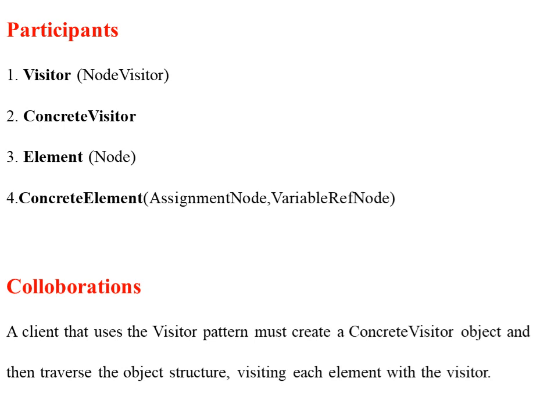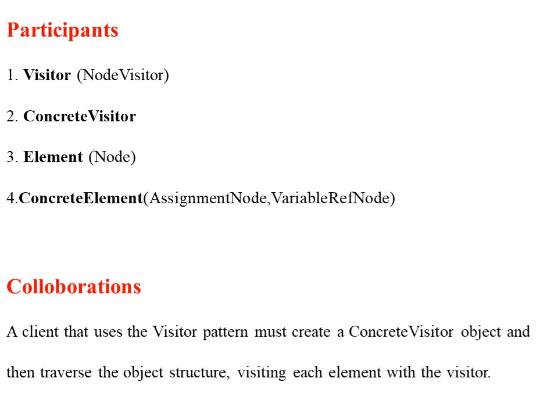A is one element, equal to is an assignment operator, B is another element. So this is the traversal from A to the equal operator and then to B and some other program. That is nothing but visiting each element with the visitor. So that is the collaboration carried out by the participants, their main responsibilities.